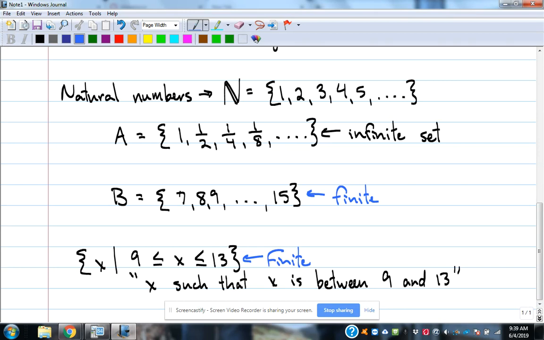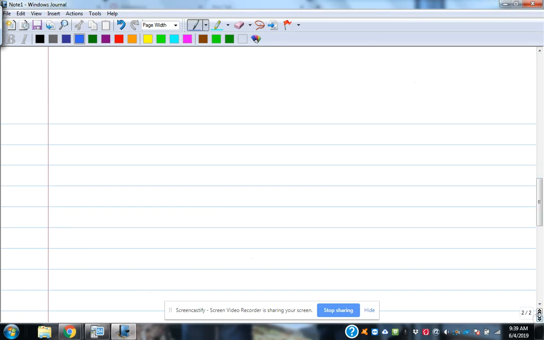All right. So let's look at some examples of things that we do with sets that are listed. And one of those things that we do is that the instructions might say list the elements in each set.